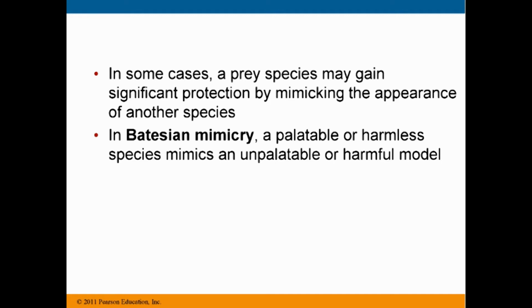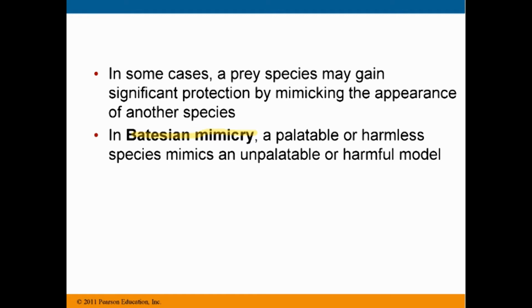So this mimicking, there's two different types that we'll look at. The first one is called Batesian mimicry. And in Batesian mimicry, we're going to see a palatable or harmless species that's going to mimic an unpalatable or harmful model.